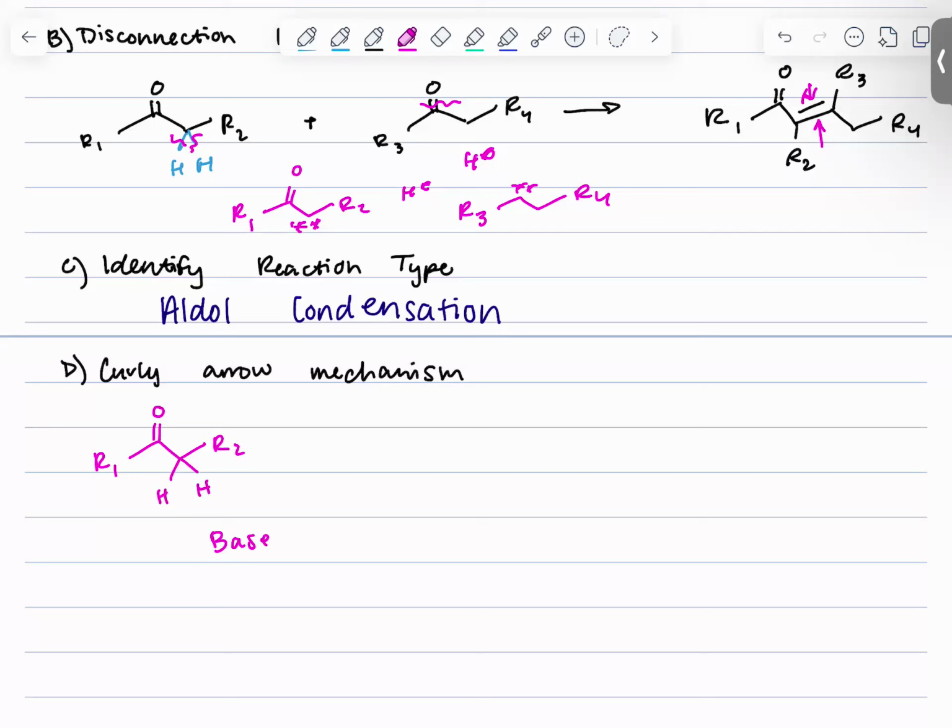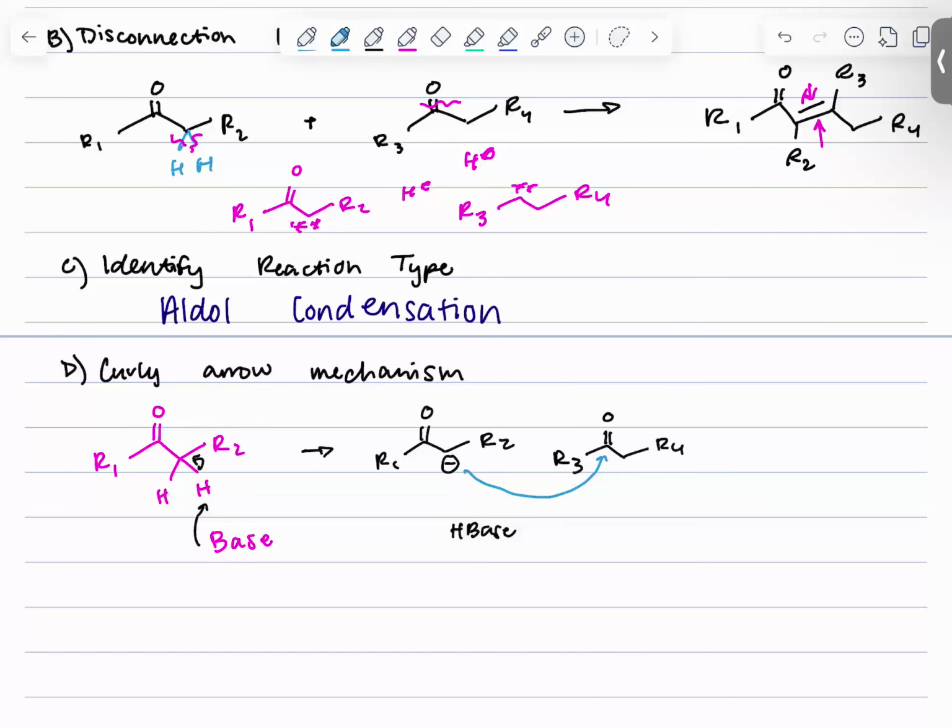So we need a base, and it is first going to deprotonate. Now we have our H base floating around, and we can bring in our R3 and R4. I made a nucleophile.